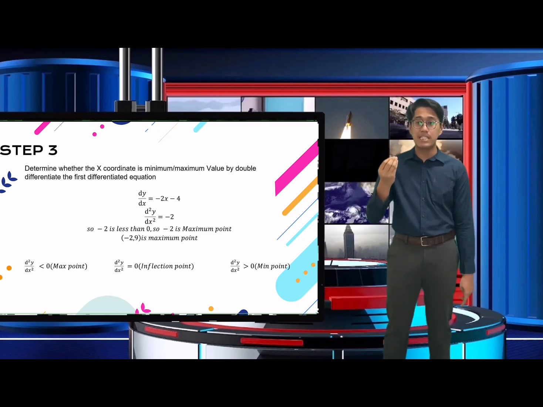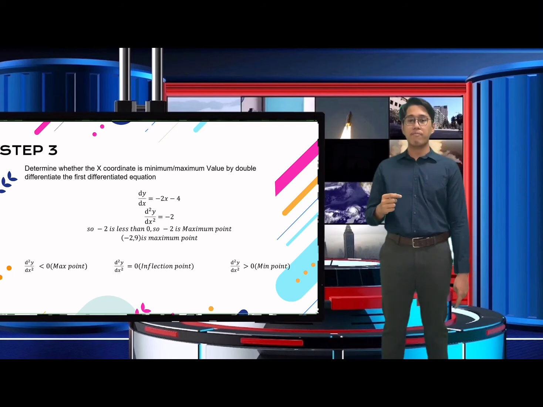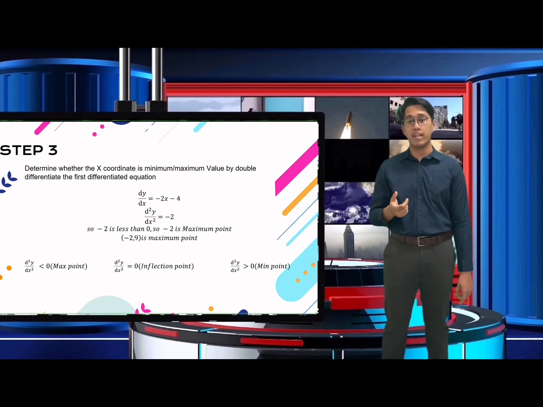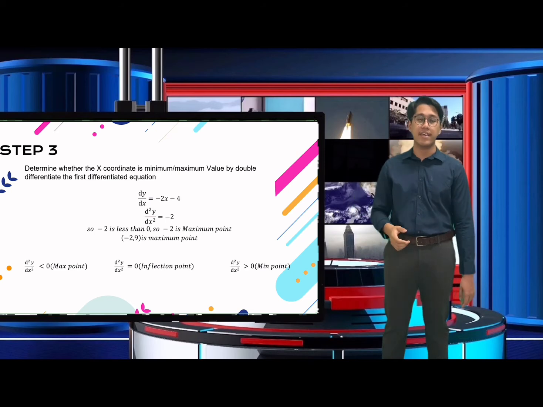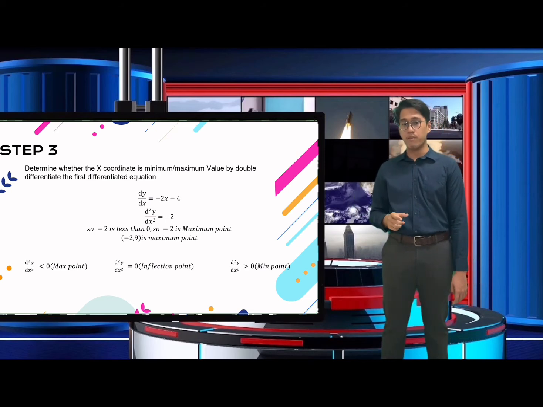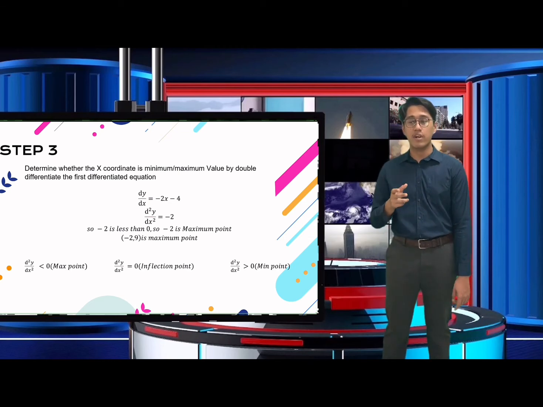So negative 2 is less than 0, so it is a maximum point. So negative 2 and 9, where negative 2 is the x coordinate and 9 is the y coordinate, is a maximum point in this case. As you can see at the bottom, this is the law. When d squared y over dx squared is less than 0, it gives a maximum point.